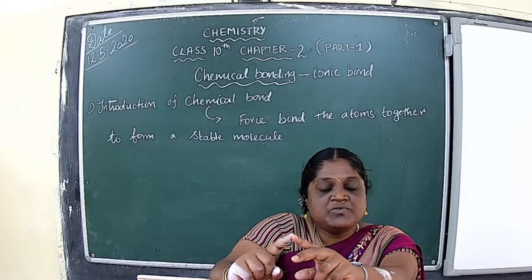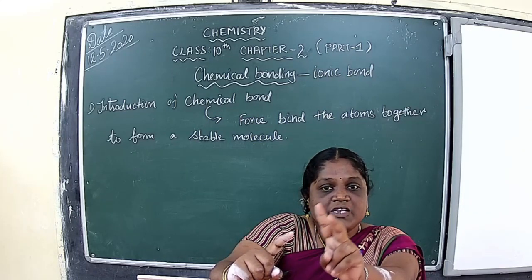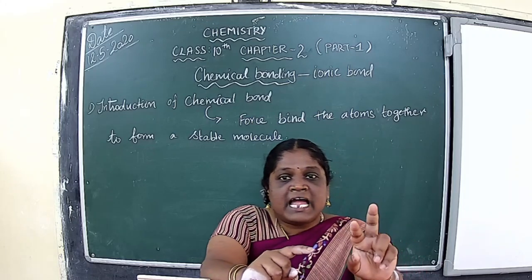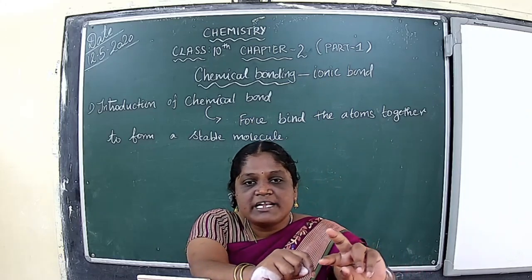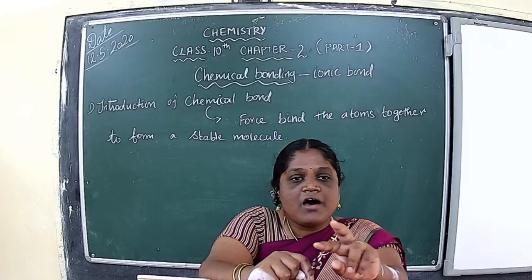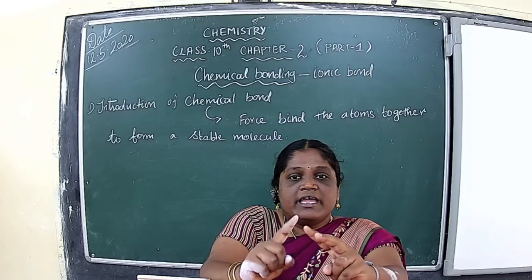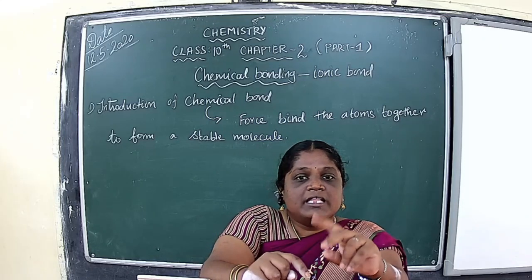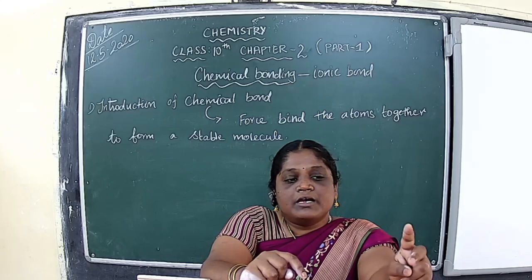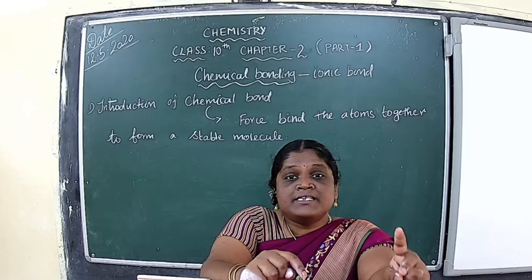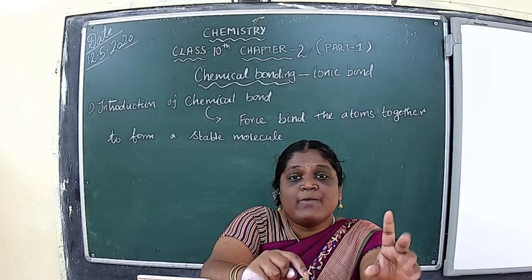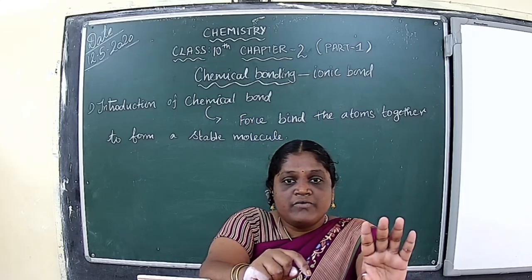If it is a mutual sharing of the electron between two atoms, similar or different, it also attains the stable electronic configuration.